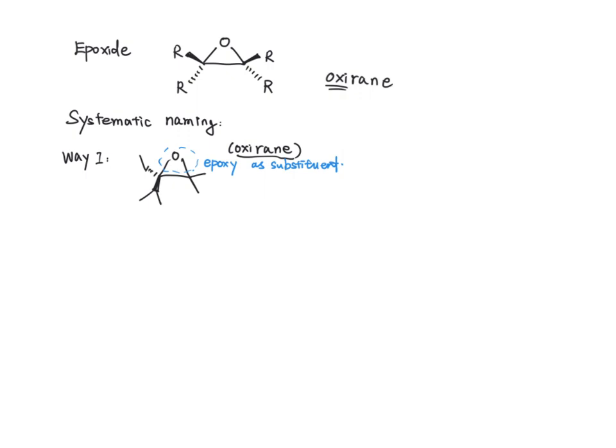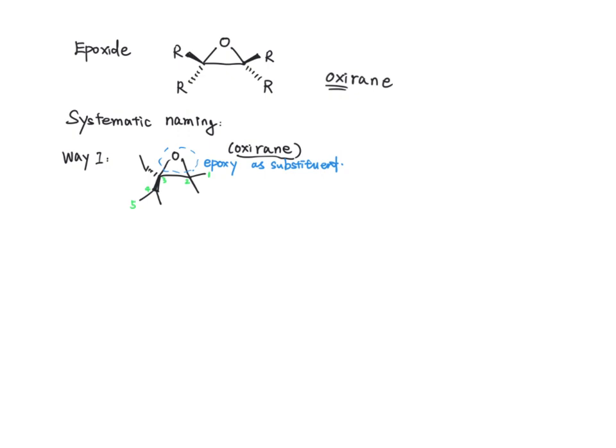In that way, what we look for is the longest carbon chain as the parent chain. Here we have 1, 2, 3, 4, 5, so it's pentane, but we are not going to call it oxypentane.